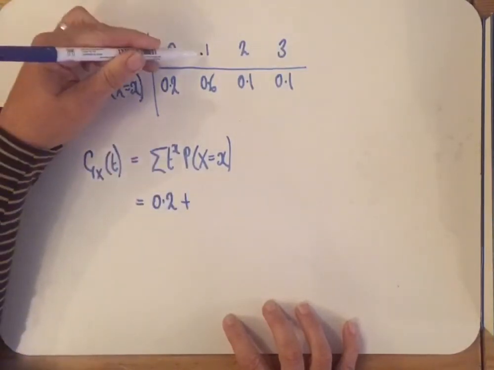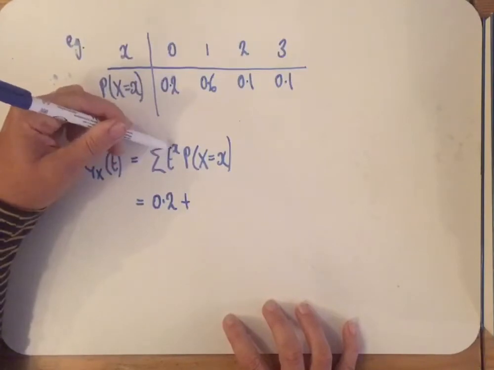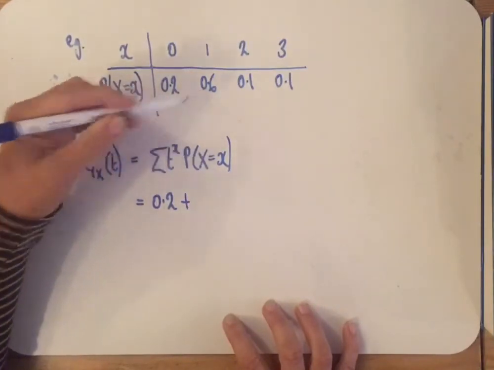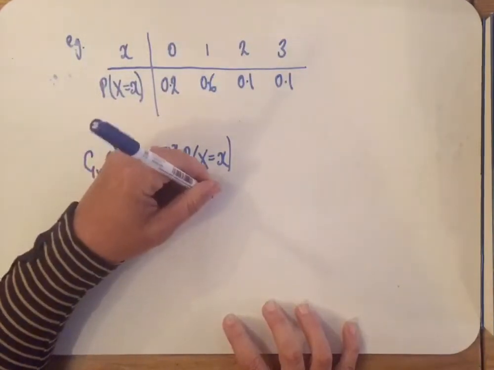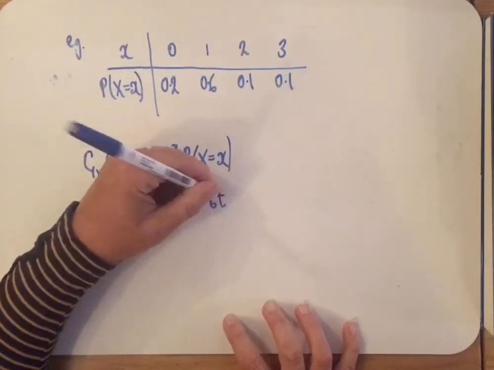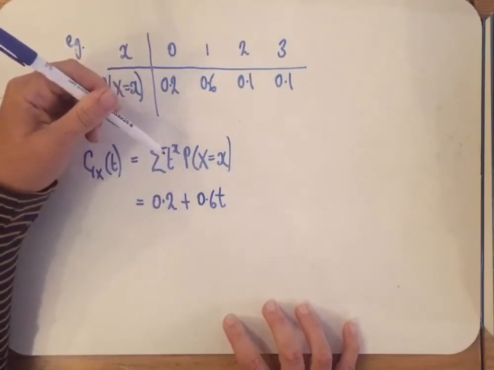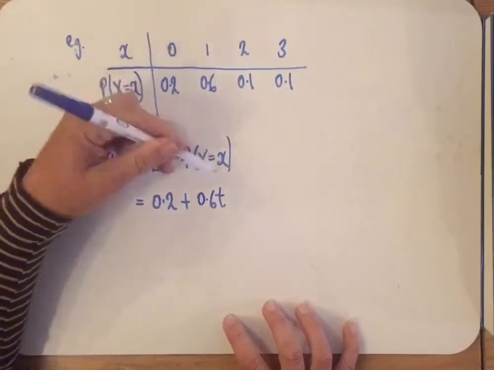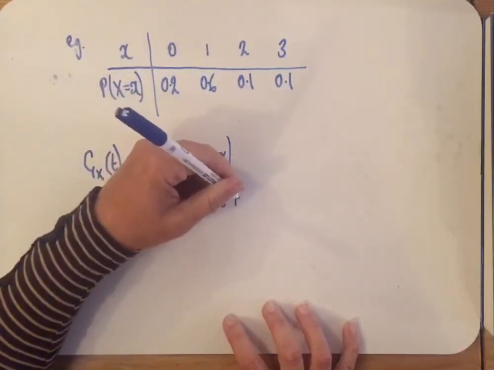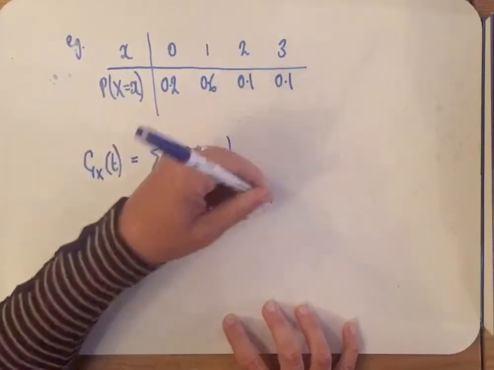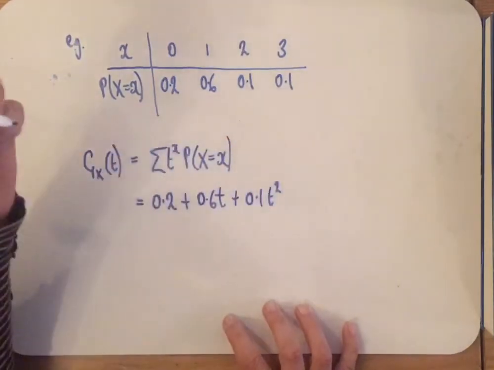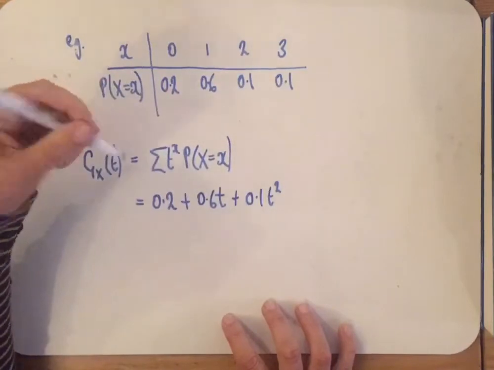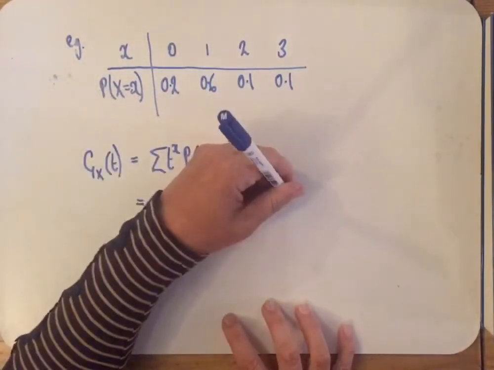Then we let x equal 1. t to the power 1 is t. The probability X equals 1 is 0.6. And then you let x equal 2. So I've now got 0.1 t squared in there. And then I let x equal 3. Probability X equals 3, 0.1 times t cubed.